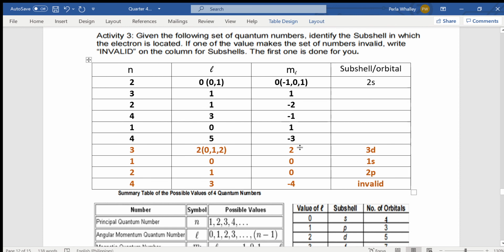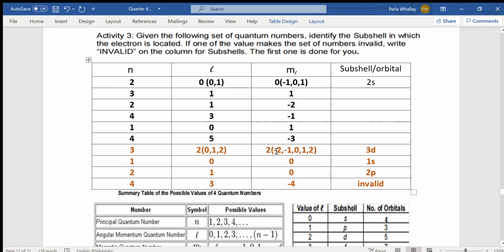Now, can M sub L be 2? Remember that M sub L will just follow L. So this would become minus 2, and then minus 1, followed by 0, followed by 1, followed by 2. Okay, so this is valid because there is a 2 here.